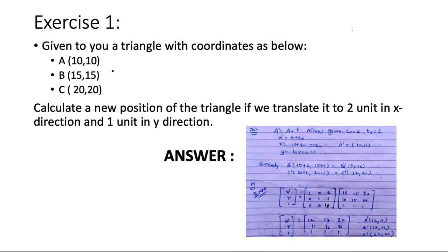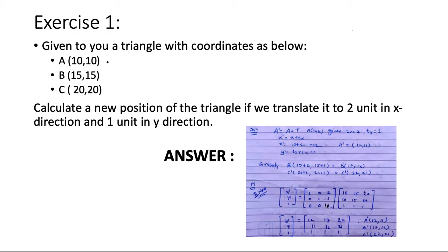Alright, so this is exercise 1. Imagine that you have a triangle with these coordinates, and we translate this triangle by 2 units in the x direction and 1 unit in the y direction.